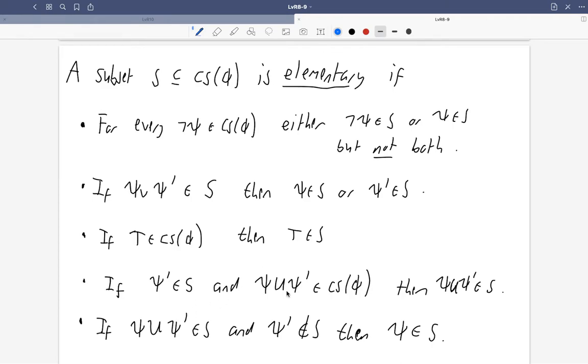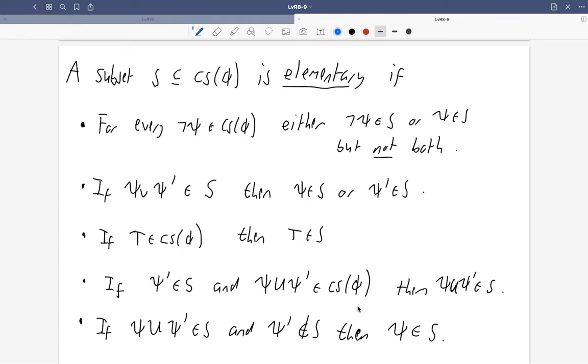And some awkward things for the until operator: if the destination part of an until operator, that's the thing on the right, is in the set, and the until is a complemented subformula, then the until is in the set. And if an until is in the set and the destination part is not in the set, then the source part, the left-hand side of the until operator, is in the set. I'm not sure whether source and destination are very good names here.